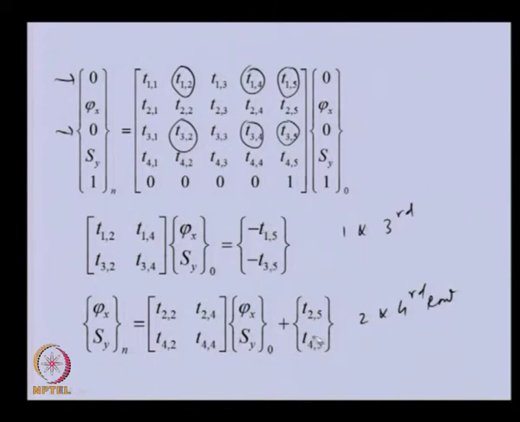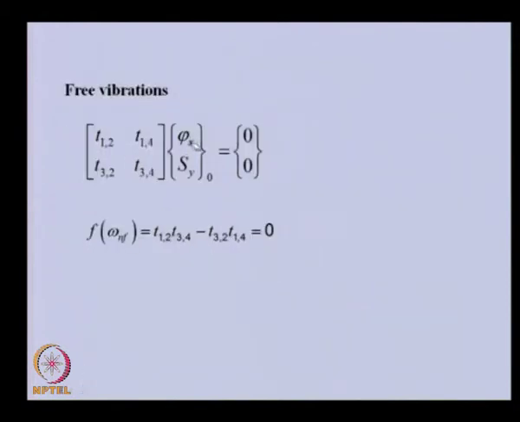Here also these terms will be 0. Comparing these two equations, this is a homogeneous equation if we equate this to 0 for free vibration, and that is the equation we got here.